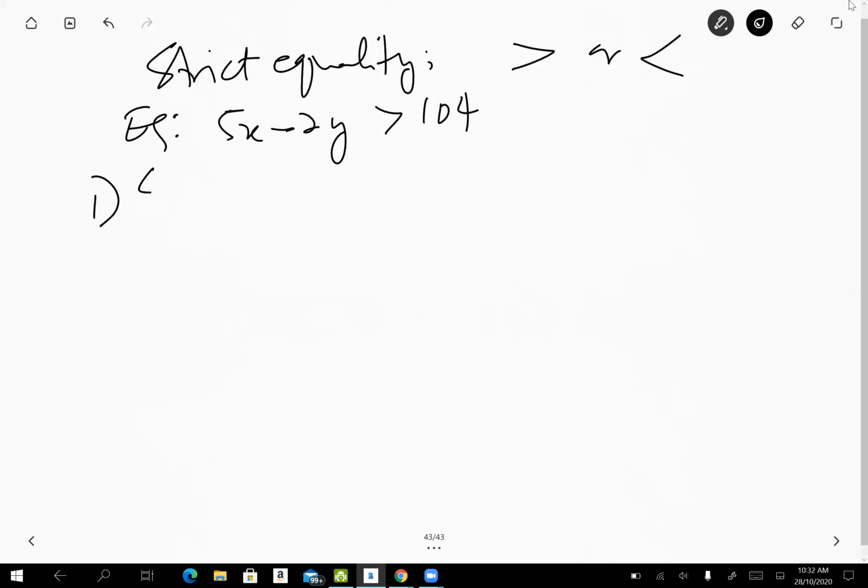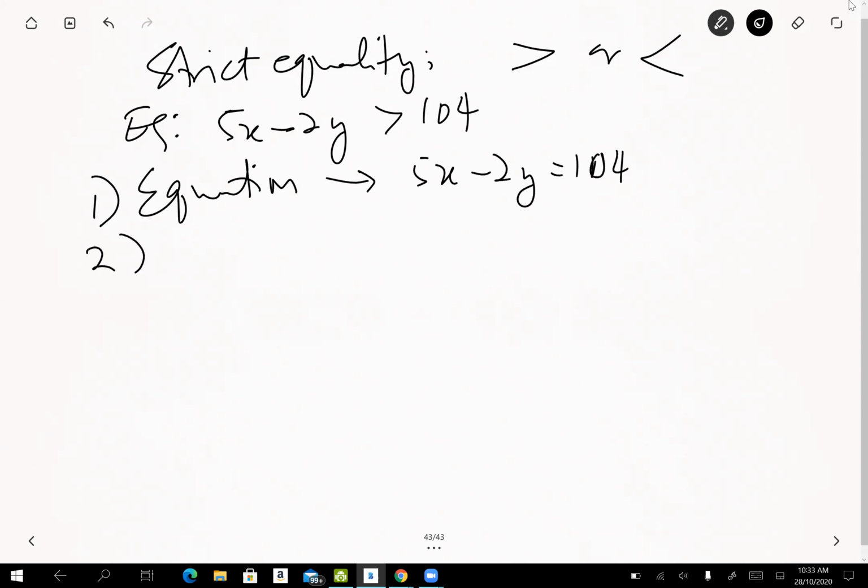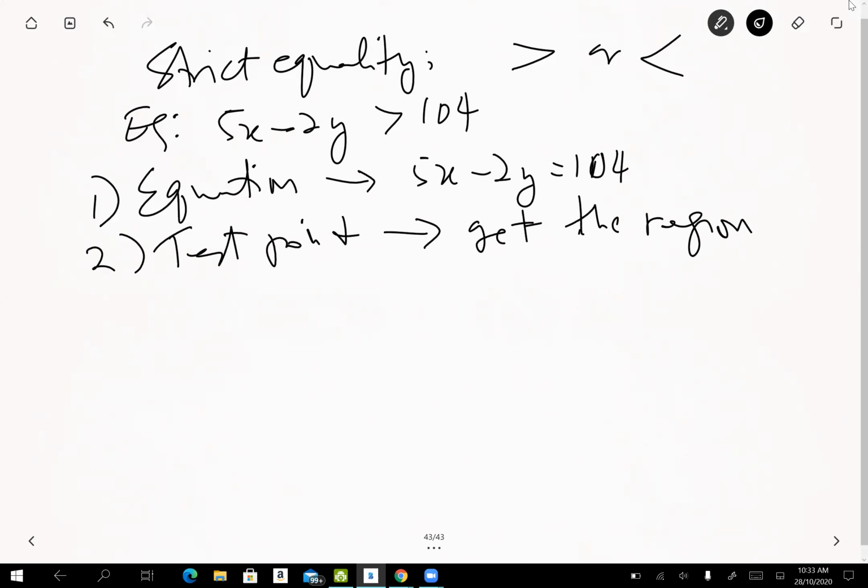Number one, you get the corresponding equation, which is 5x minus 2y equal to 104. And then you proceed as what we were doing earlier. Take a test point, and then you get the inequality, get the region, get the points that satisfy the inequality. So in other words, get the region. So the method is the same.